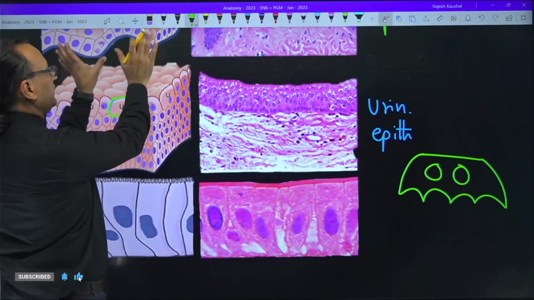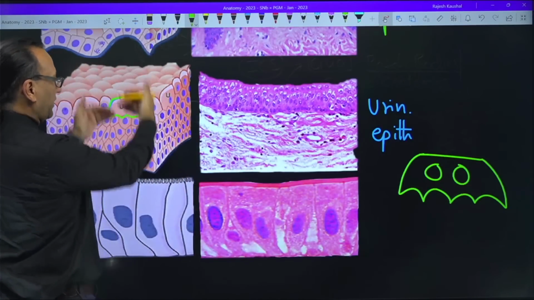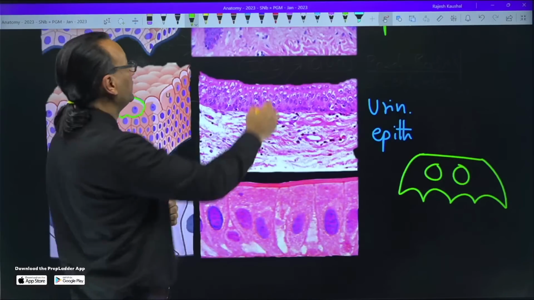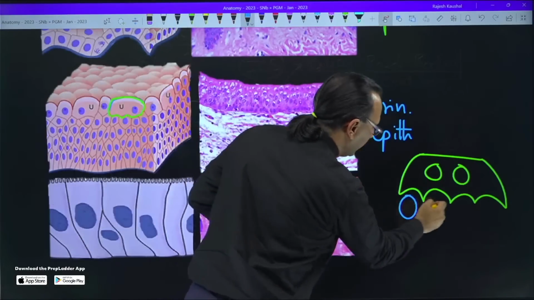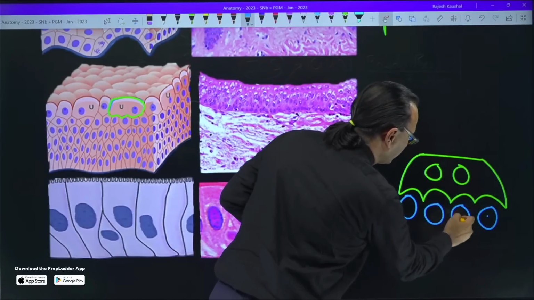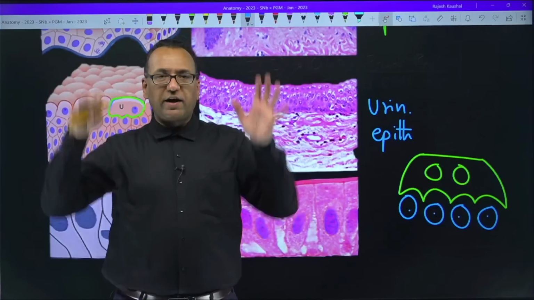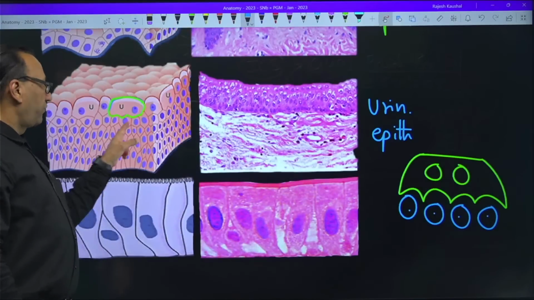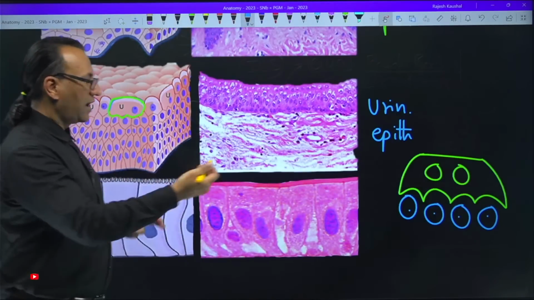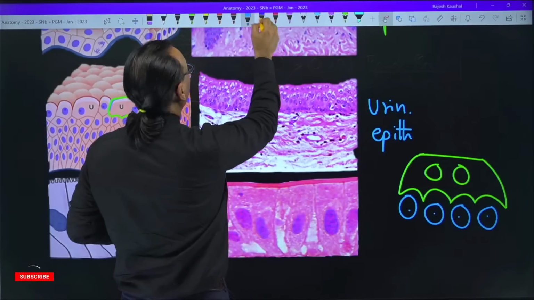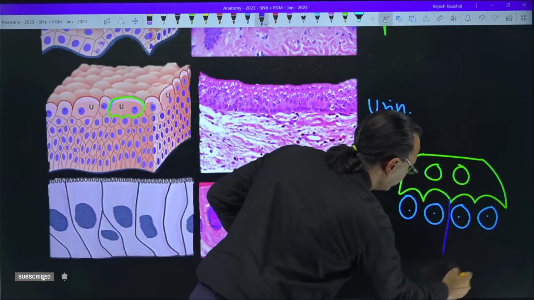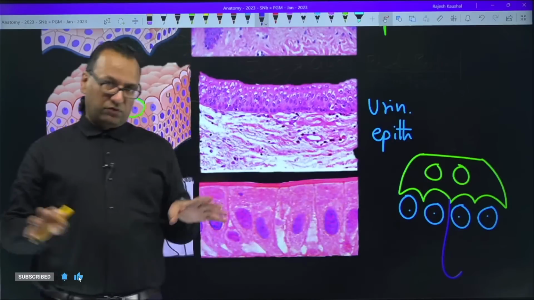Large cell towards the lumen, and the basal cells are smaller in comparison, and it is such a large cell that it is keeping 4 or 5 cells underneath. So one cell, 4 or 5 cells underneath, like an umbrella. You see, this appears like an umbrella, and under the umbrella you have a few more cells.